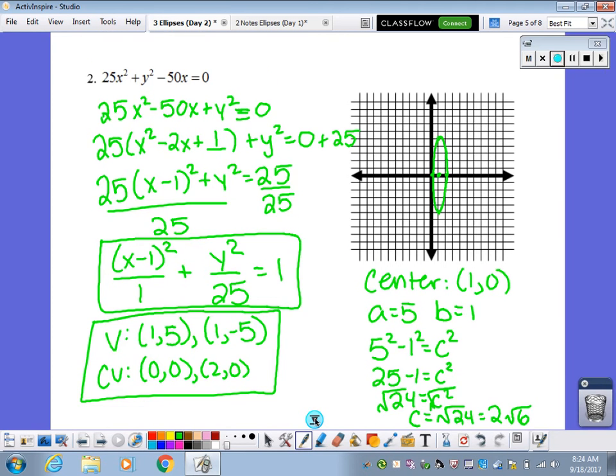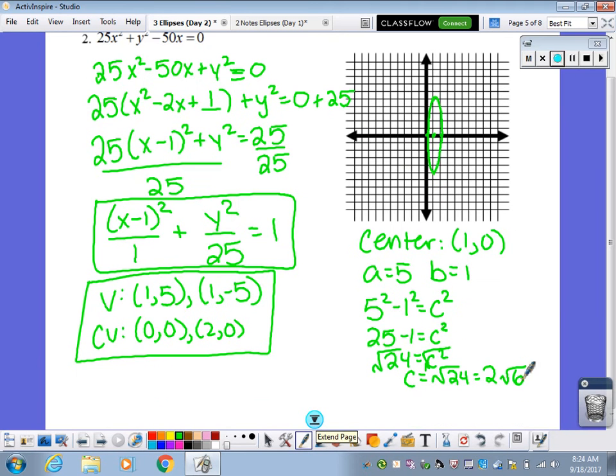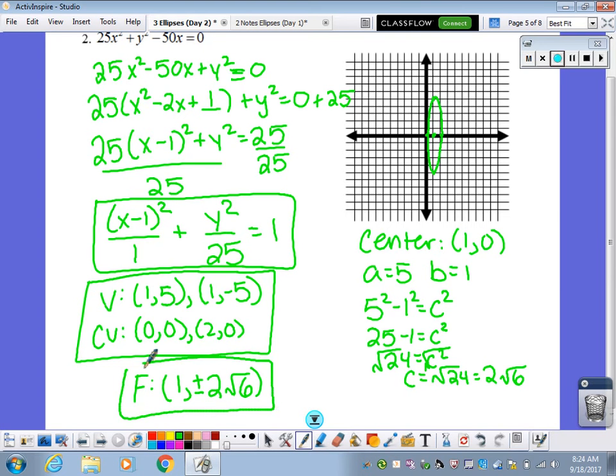Now, again, since this is a vertical ellipse, we're going to be adding this value to our y, and we're also going to be subtracting it to go this much up, this much down. So our foci points are going to be 1, we don't need to write our 0 since it's just a 0, so we can write plus or minus 2 radical 6. And that would be our foci.